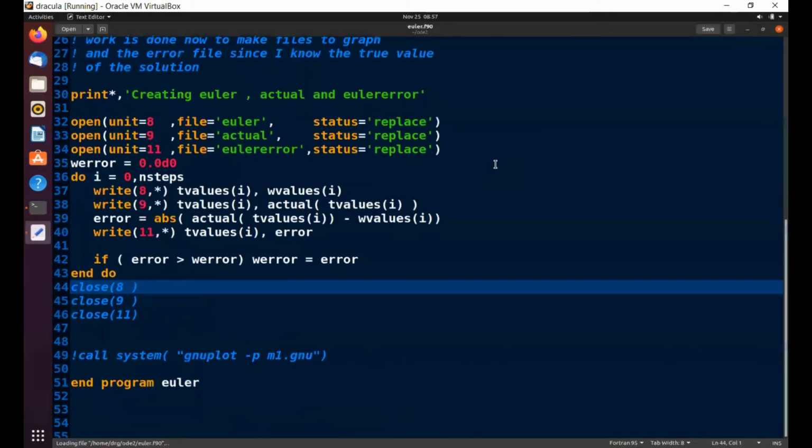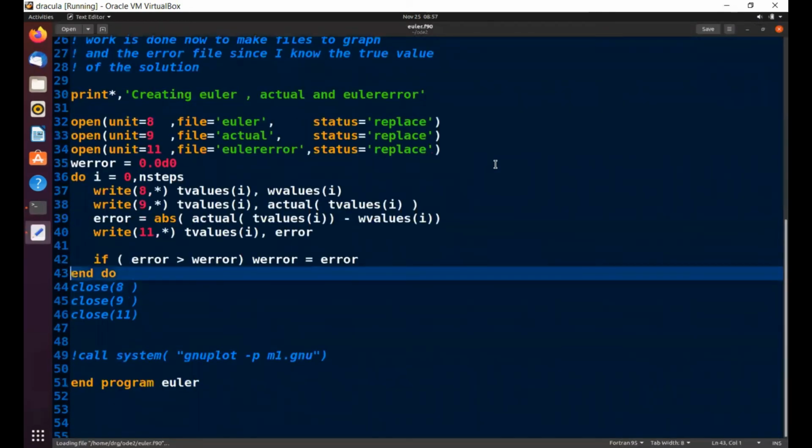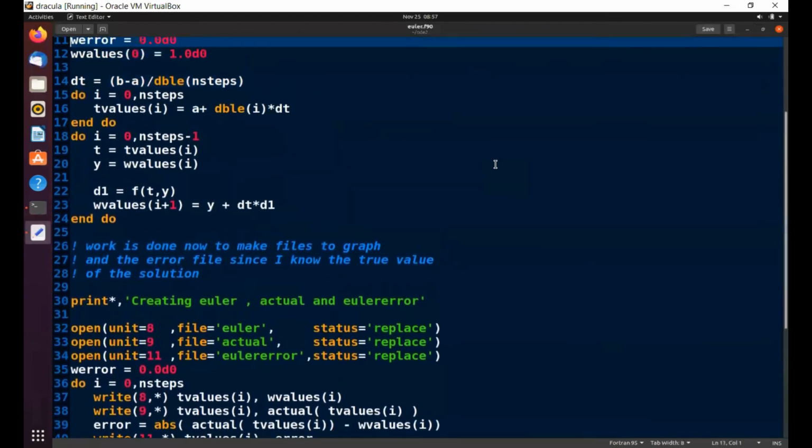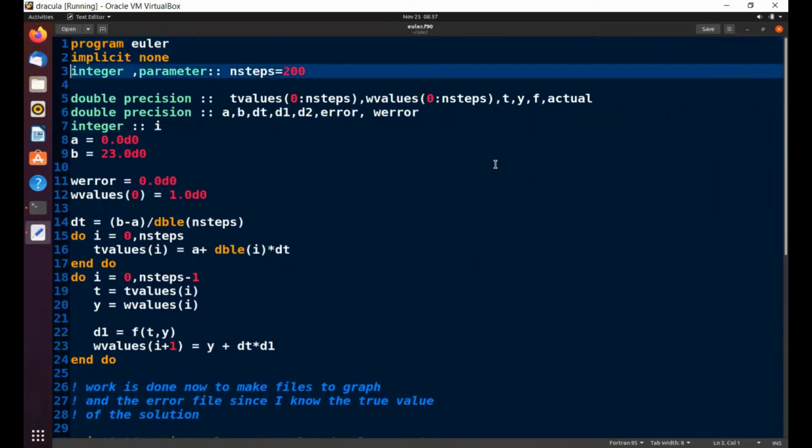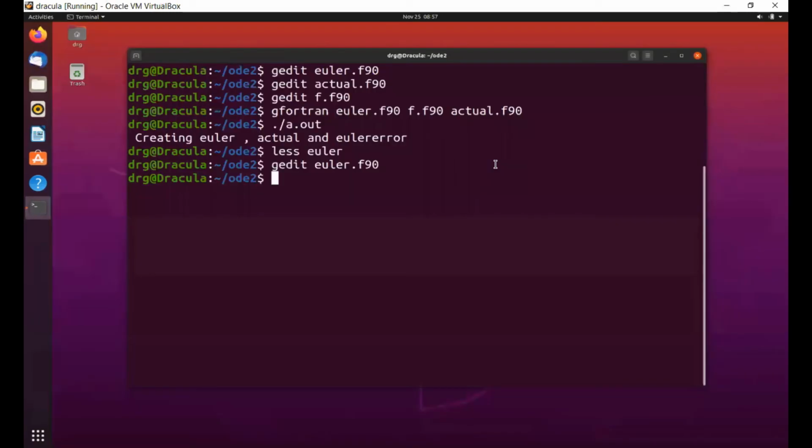Let's change that. Let's go back up to the top. And I'm going to change the number of steps from 200 to 150. 150 is still bigger than 115, so it should still qualitatively act correctly.